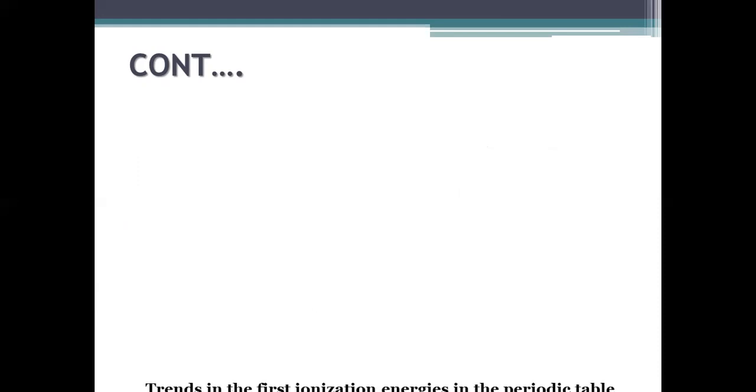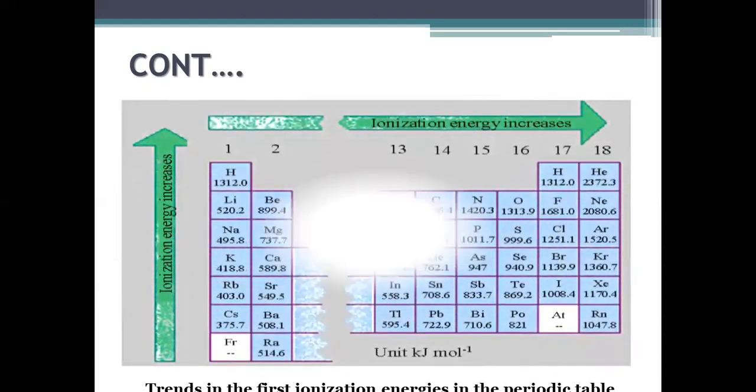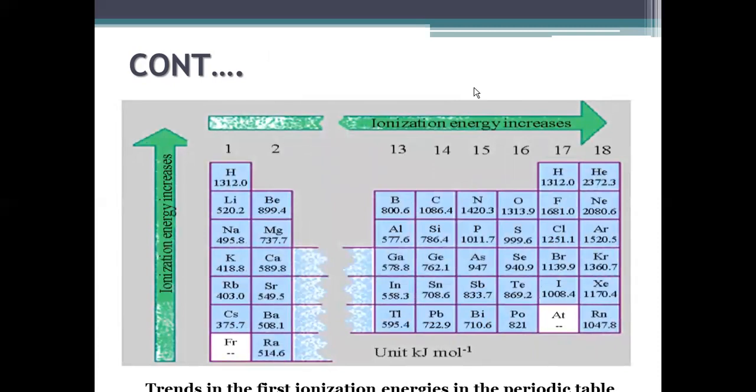So, the trends in the first ionization energy in the periodic table. Along the period, the ionization energy is increasing. You can see in the s and p orbitals, the alkaline earth metals show less ionization energy than the noble gases, where the noble gases show the highest ionization energy.